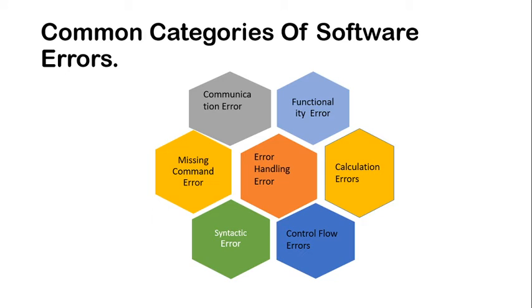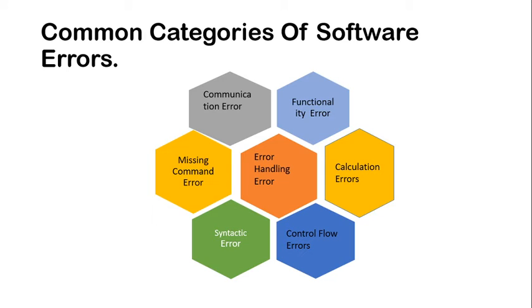And the last one is the control flow error. The control flow of software describes what it will do next and on what conditions. For example, consider a system where a user has to fill a form and the options available to the user are save and close, and cancel.